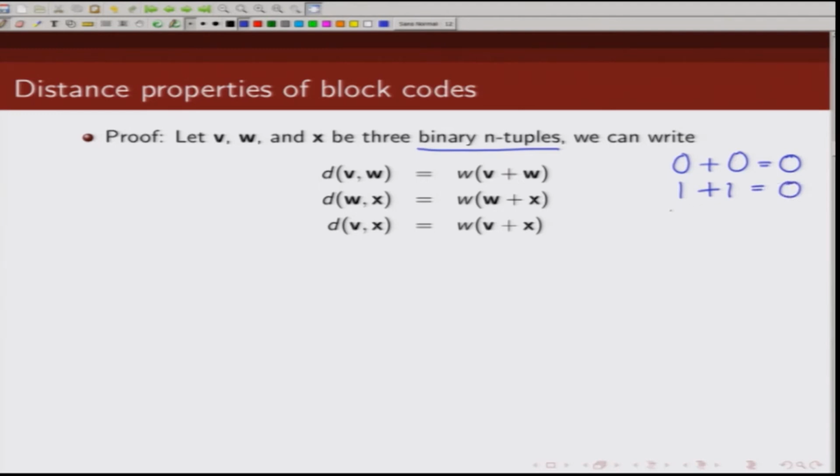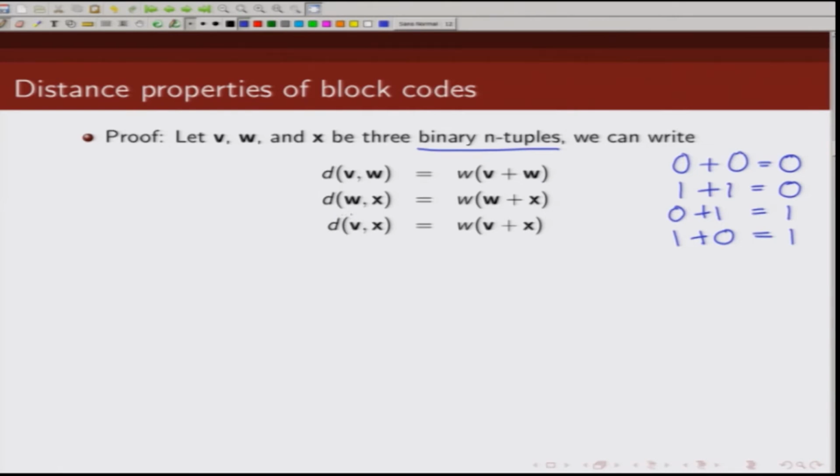Only when they are differing, 0 plus 1 or 1 plus 0, is it going to be 1. So, we can write the Hamming distance between V and W as the Hamming weight of V plus W.